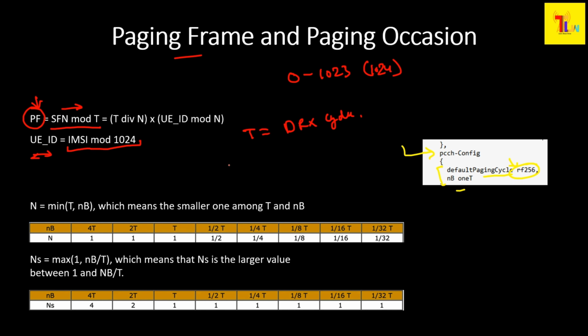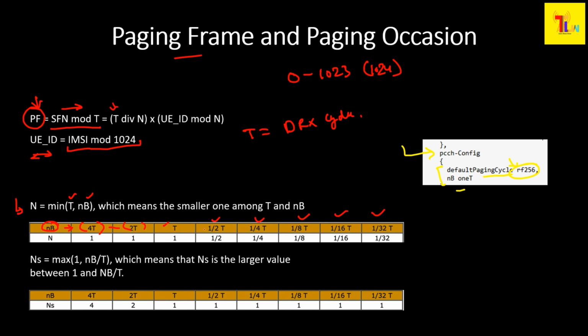So we got the UE_ID, and T is your DRX cycle, and N is one of the other variables. When I'm talking about N, it is the minimum of T comma nB. Whichever is the smaller one among T and nB, we will consider as N. nB can take these values: 4T, 2T, T, T/2, T/4, T/8, T/16, T/32.